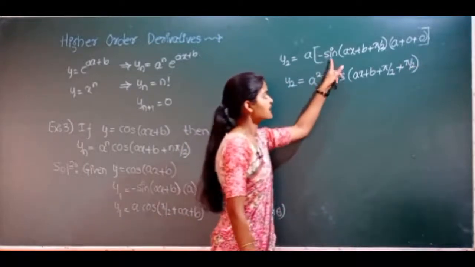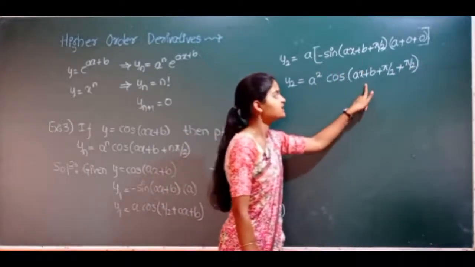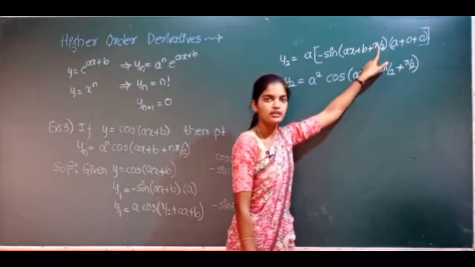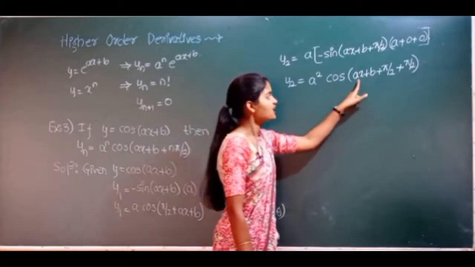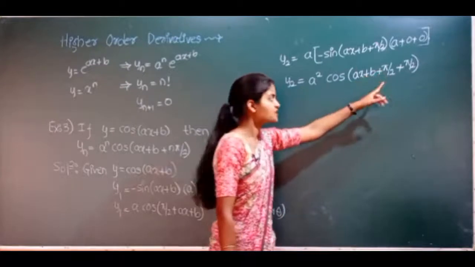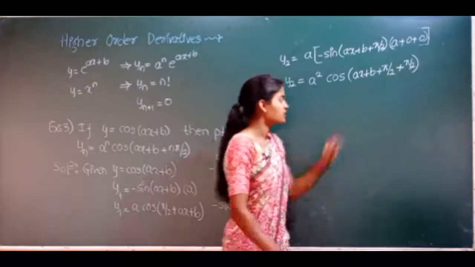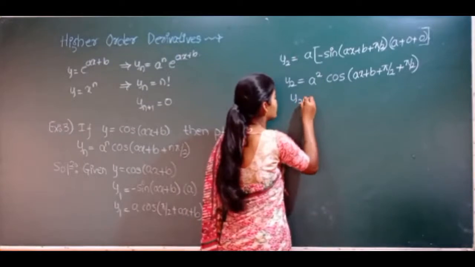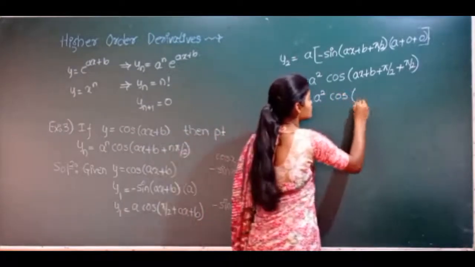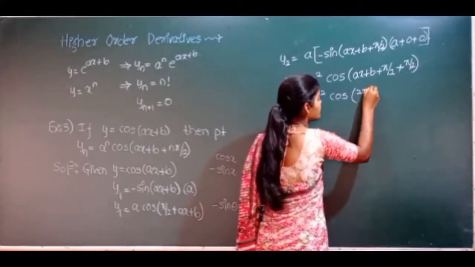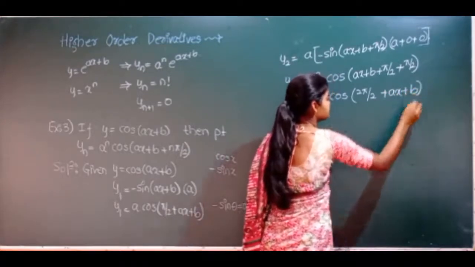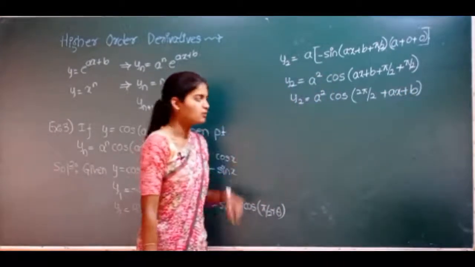Minus sin theta is cos(theta + pi/2). What is our theta? Theta is ax + b + pi/2. Therefore, I will write cos(ax + b + pi/2), and again plus pi/2 we have to add here. Therefore, I will write y2 as a square cos(2 pi/2 + ax + b). Now this is our y2.